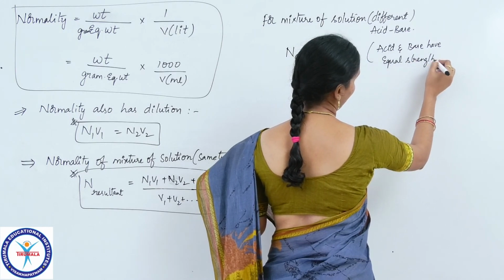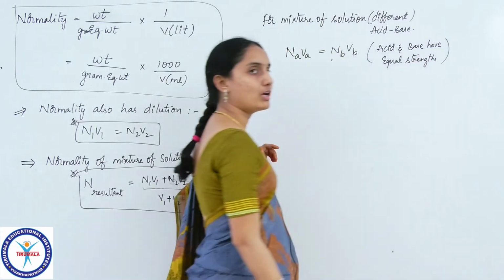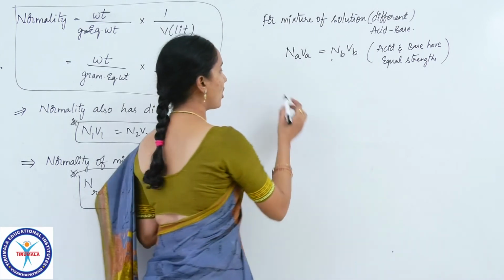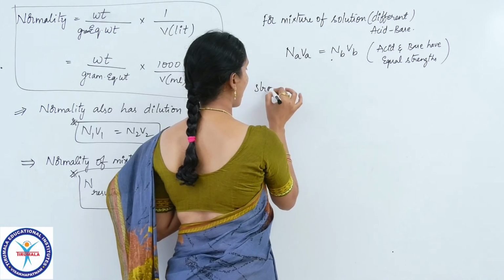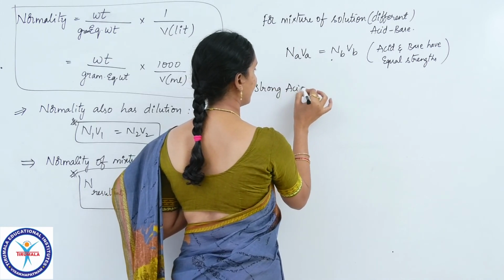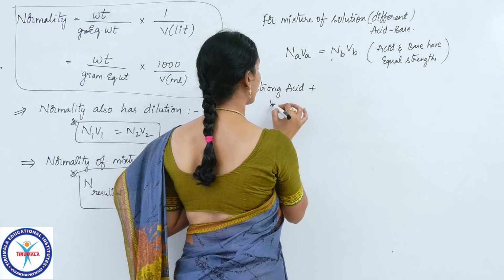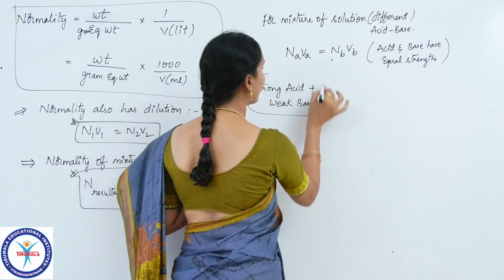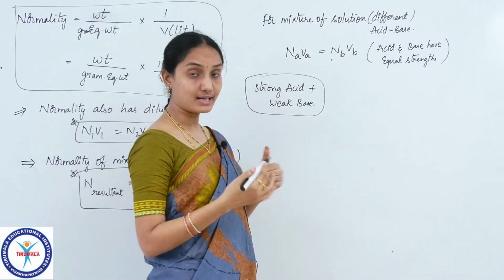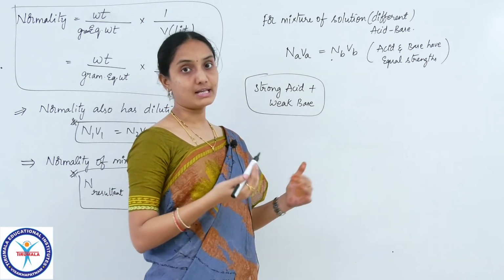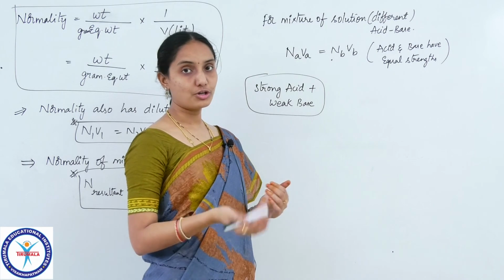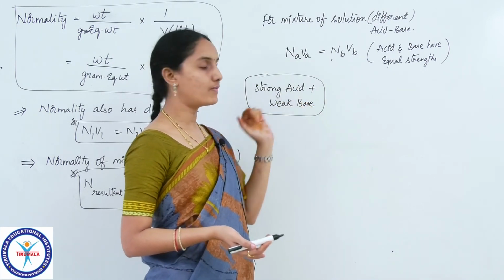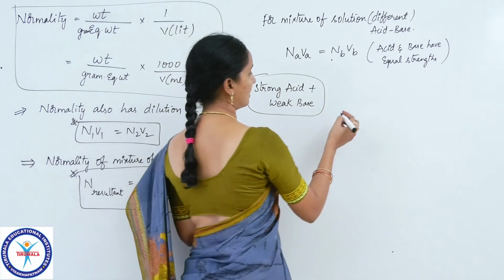If any one of them is stronger than the other, that is in the combination of strong acid with weak base, then if you want to calculate the normality of the resultant solution which is obtained, the solution is generally acidic in nature because acid is strong here.